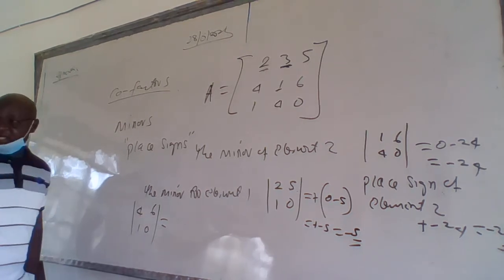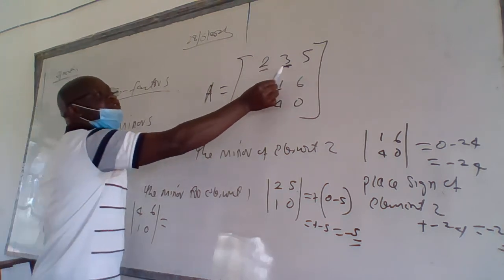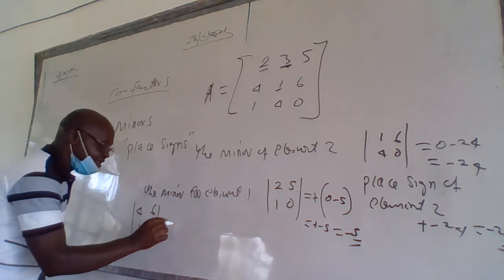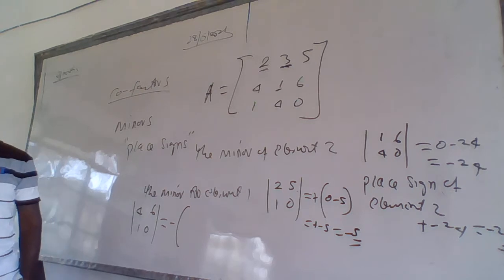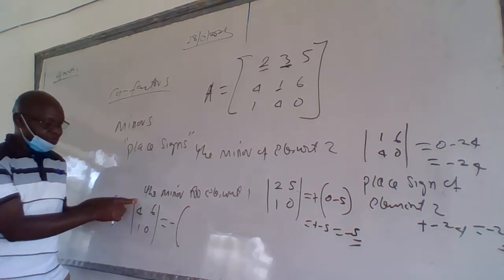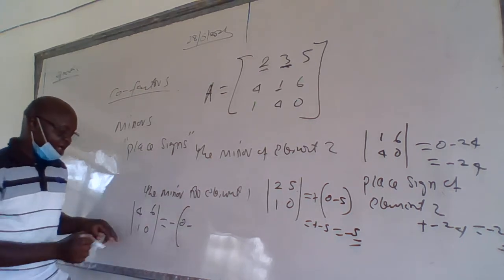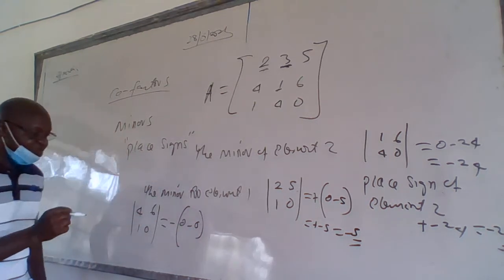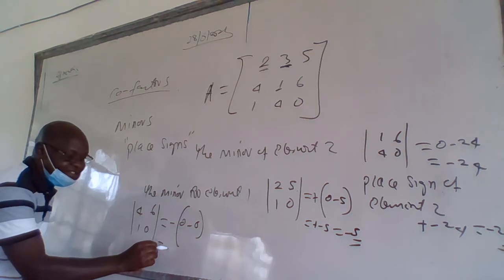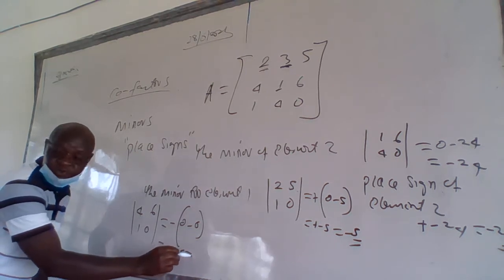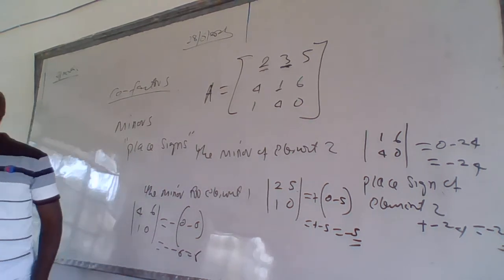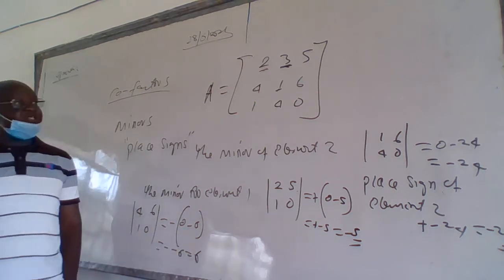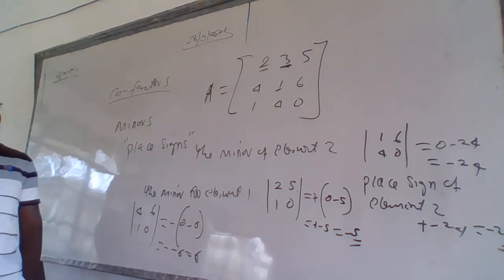Let us start with the place sign. The place sign for 3 is negative. So 0 times 4, 0, minus 1 times 6, 6. So we have minus 6, which equals 6.